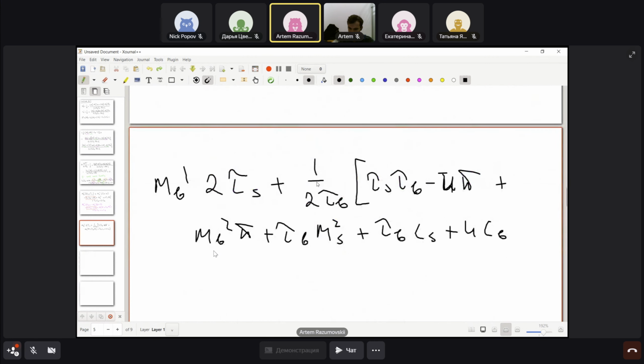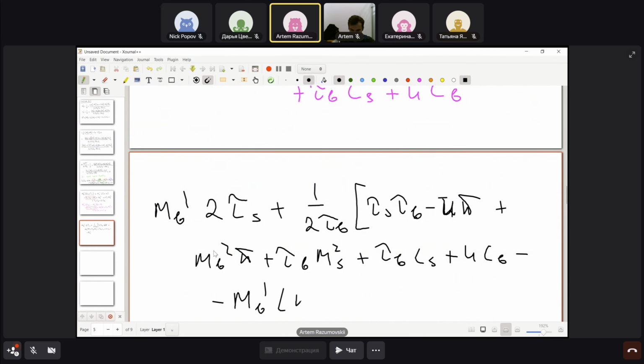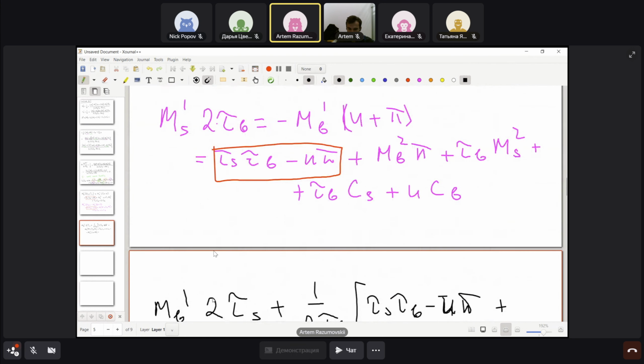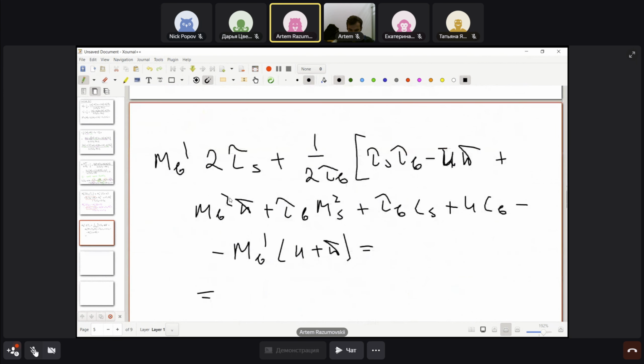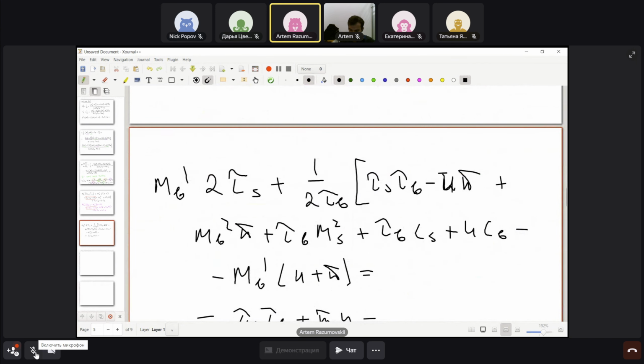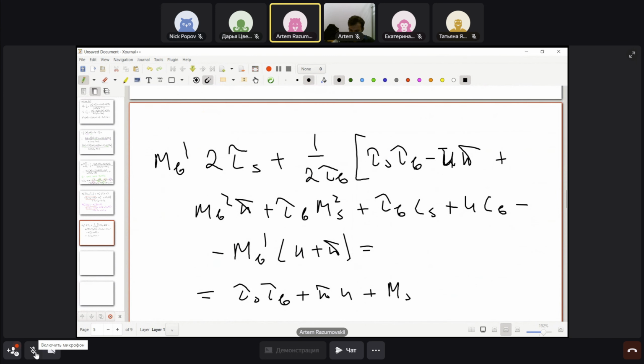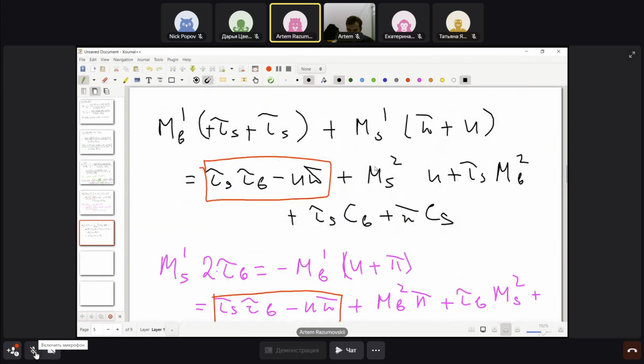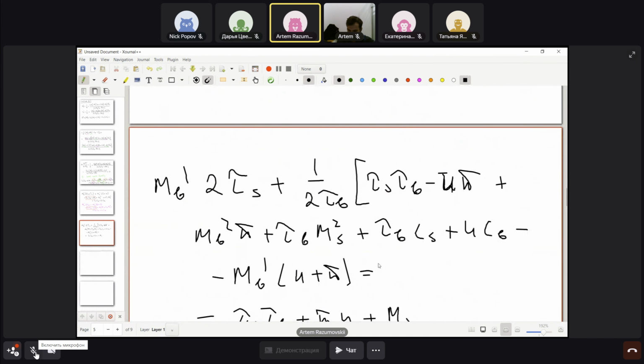And then minus u plus p. And then we have to equalize it to whatever it was here, tau S, tau buyers plus pu. And sellers to u tau S buyers.